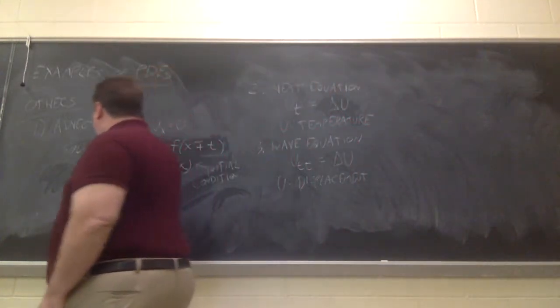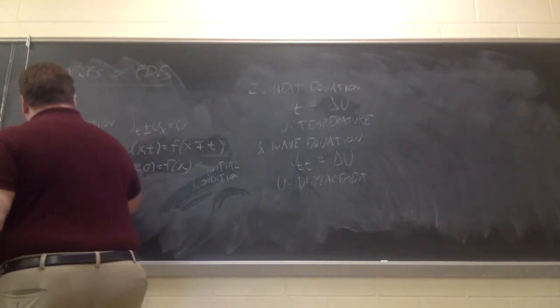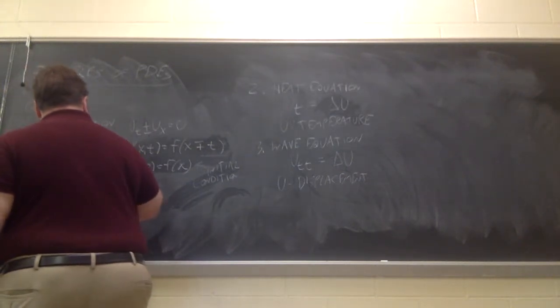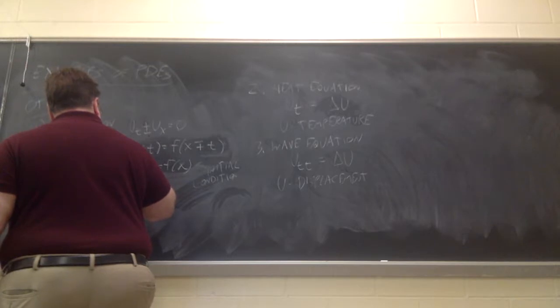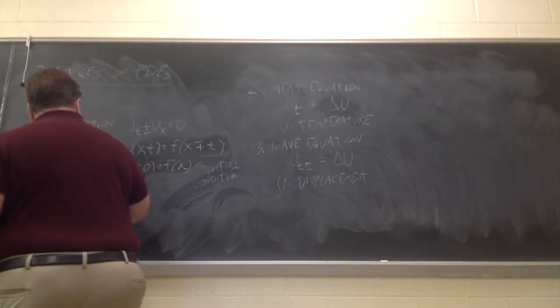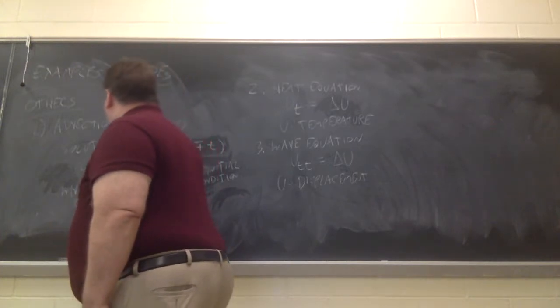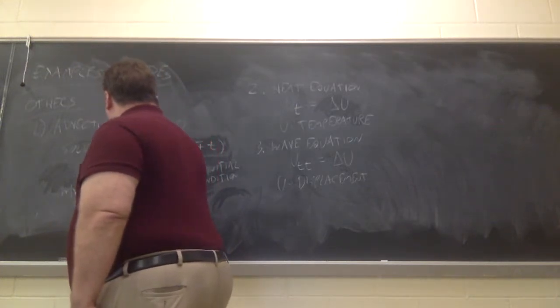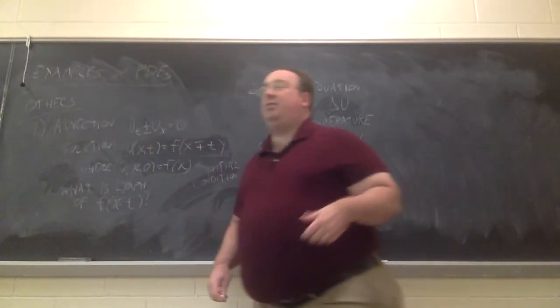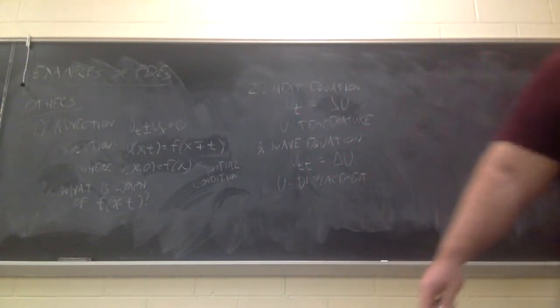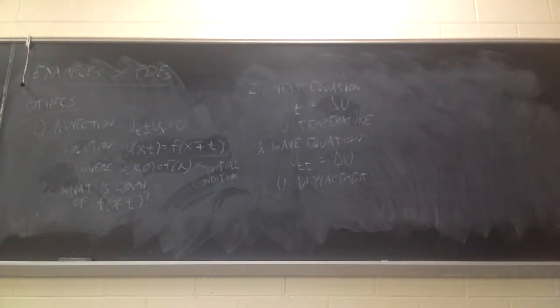So if I choose the plus sign here, and I have the graph of f of x, what is the graph of f of x minus t? How does that relate to just a graph of plain old f?